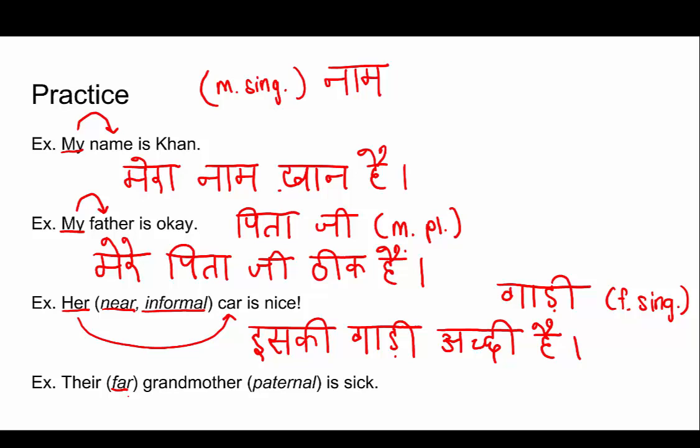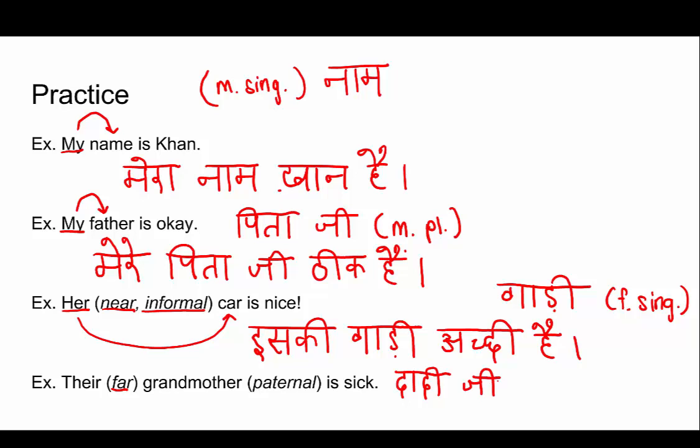Grandmother, paternal grandmother, is sick. The reason why paternal is in parentheses is in Hindi, there's different words for maternal grandmother, paternal grandmother, or even maternal grandfather and paternal grandfather. So this is why the specification is needed. So the word for grandmother in Hindi, at least on the paternal side, is dadi, and then we say ji out of respect.